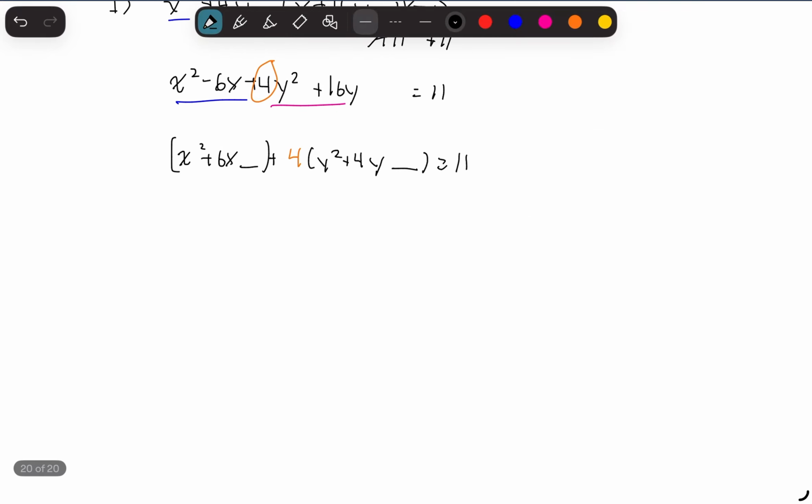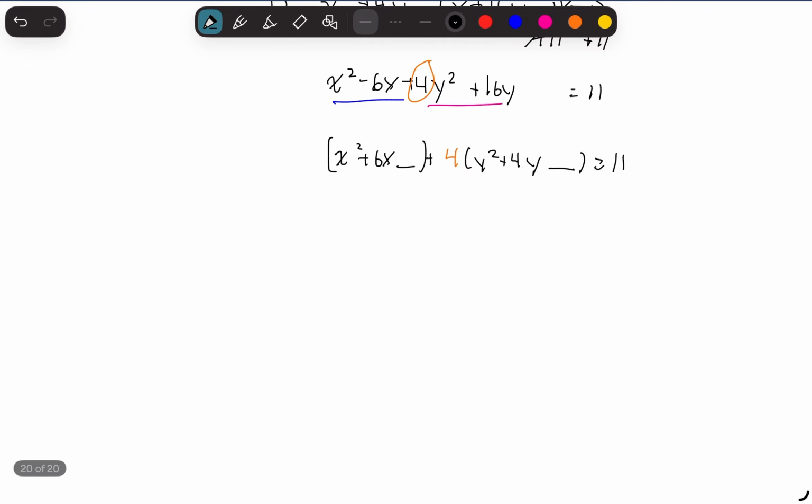So for x terms, we have, and for our y terms we have 4, so three squared is 9.